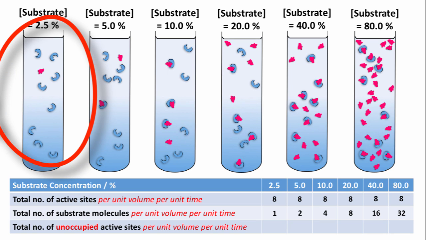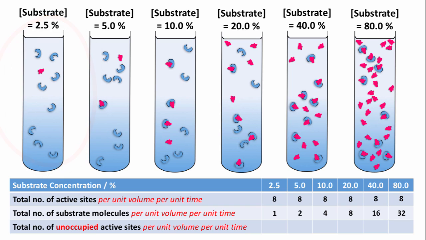If you look at the test tube with 2.5% substrate concentration, given that there are 8 unoccupied active sites and just 1 substrate molecule, the substrate molecule has a very high chance of binding to any of the 8 enzyme molecules. That leaves just 7 of the active sites unoccupied.